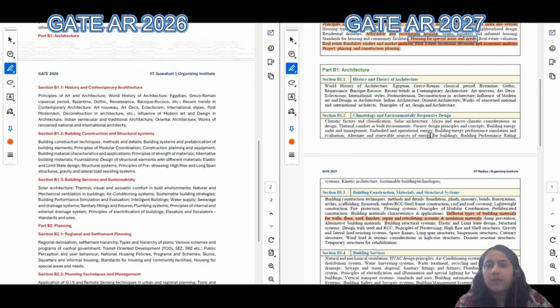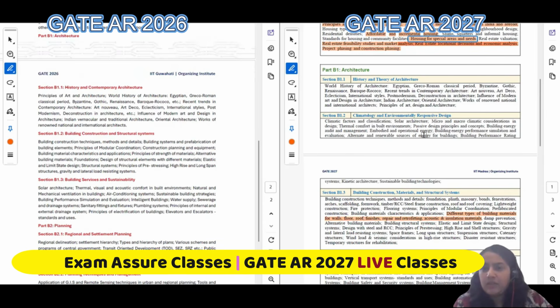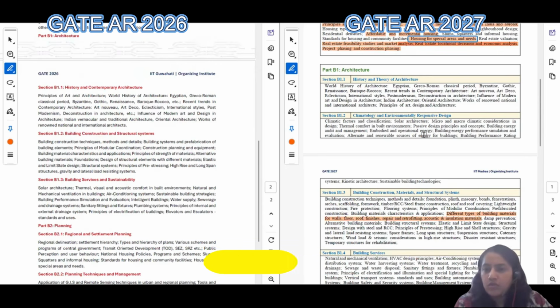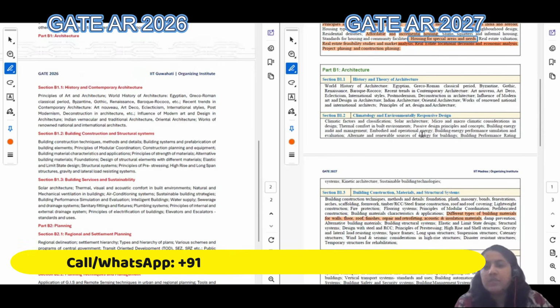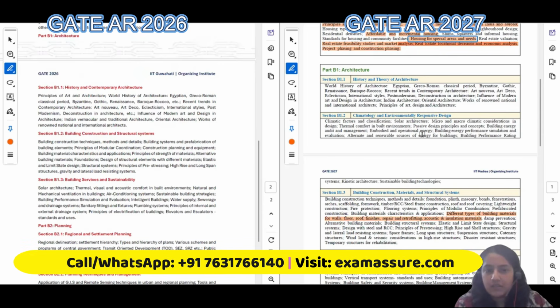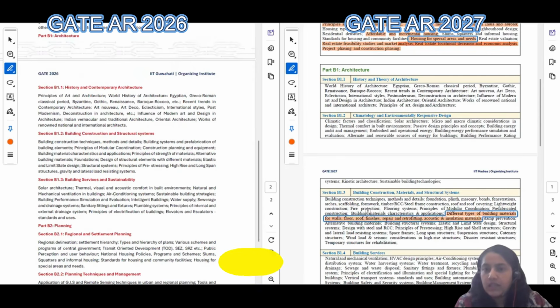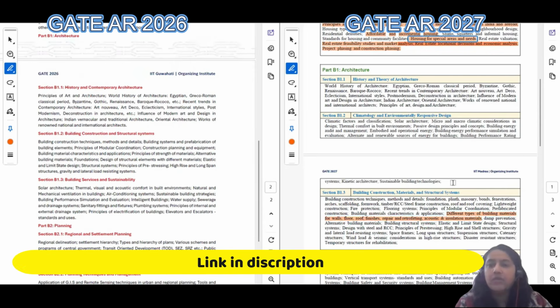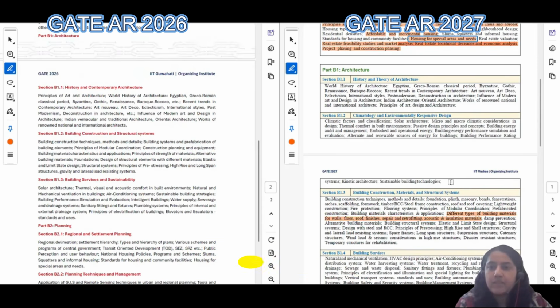So again, the upcoming contemporary methods and techniques that are actually being used are all specified here very, very clearly, if you compare this to the 2026 or earlier syllabus. Again, kinetic architecture, sustainable building technologies, very specific.